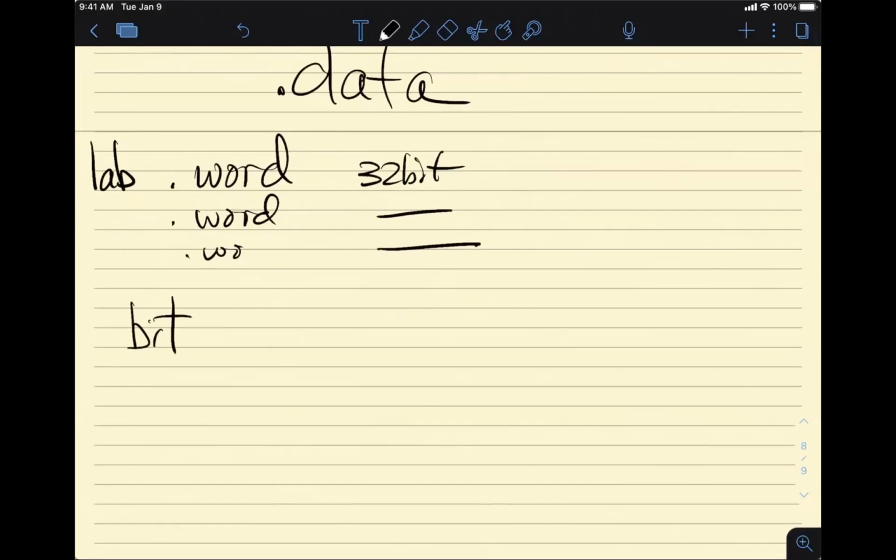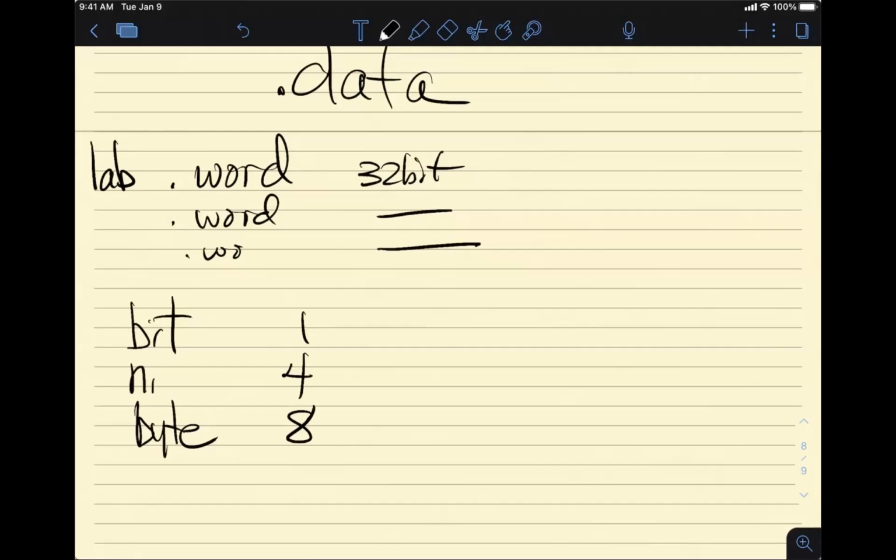Okay. So then you know what a byte is. What does bit stand for? Binary digit. Correct. And a byte is 8. Did you know that there's a word for 4? Isn't it a nibble?